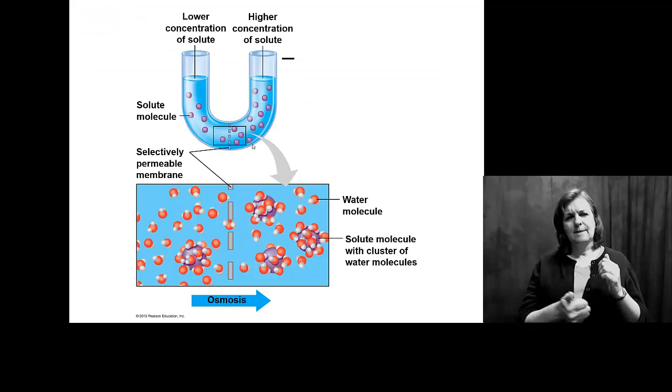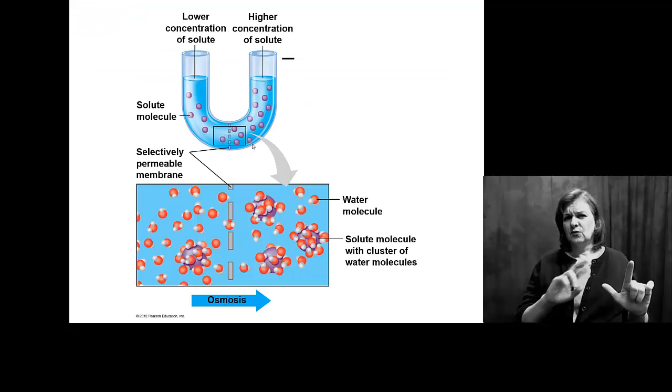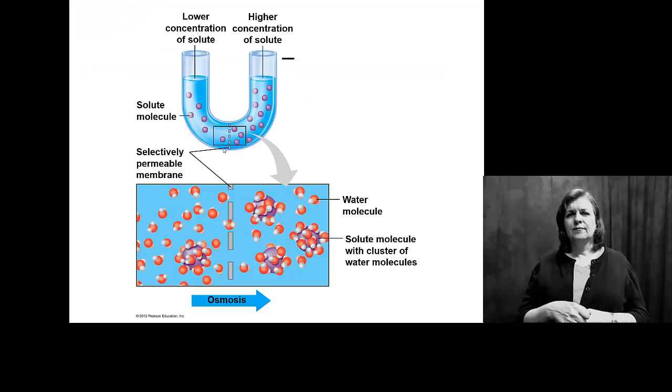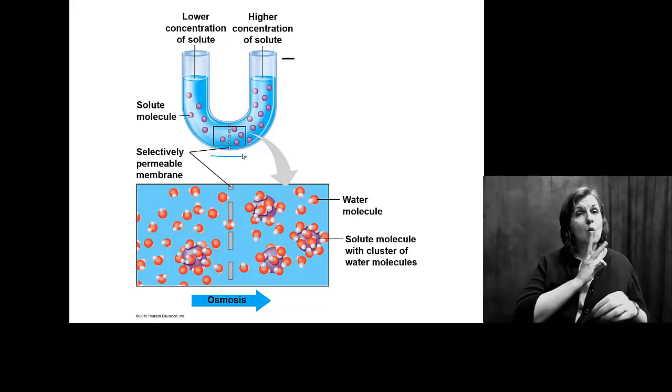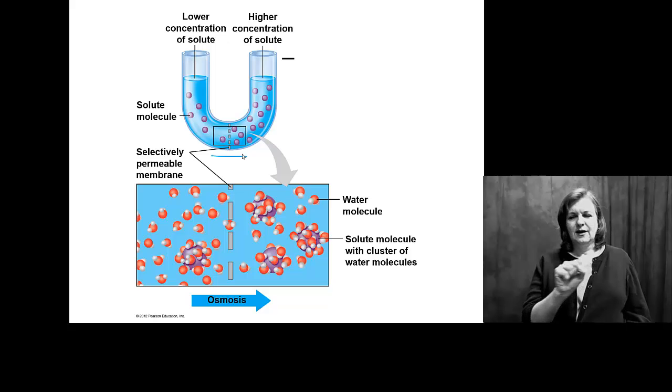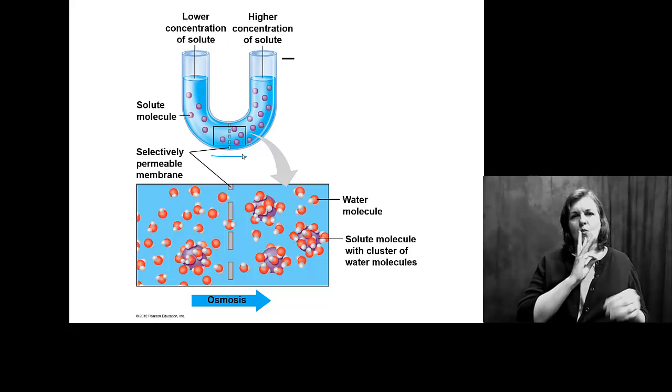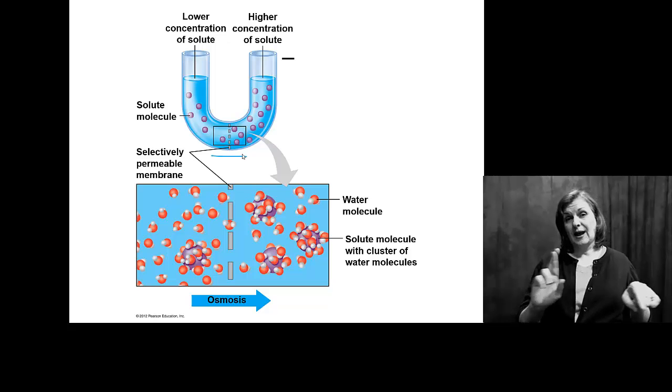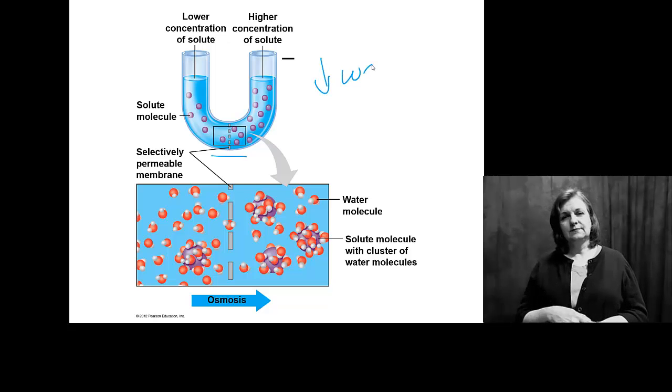So, if I have a setup like this, semi-permeable membrane or selectively permeable membrane in place, the water molecules in this case are going to try to move down the water concentration gradient.